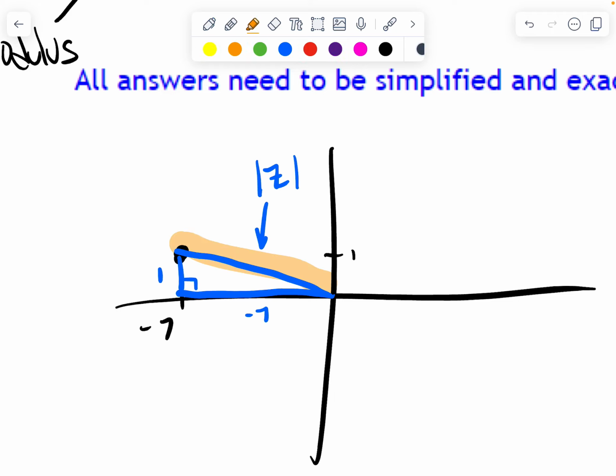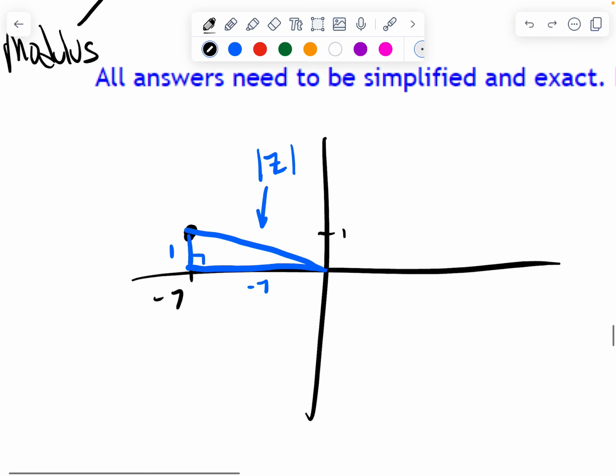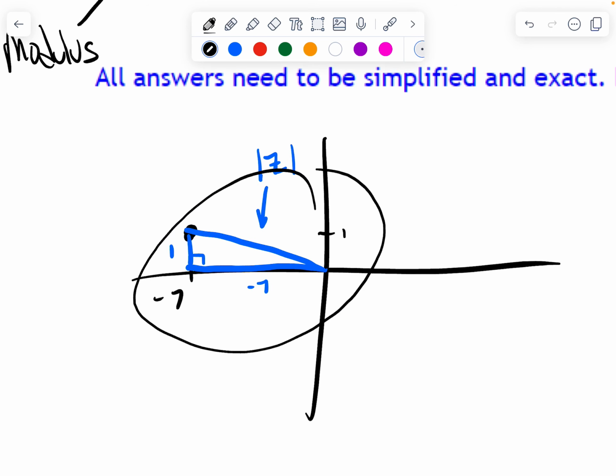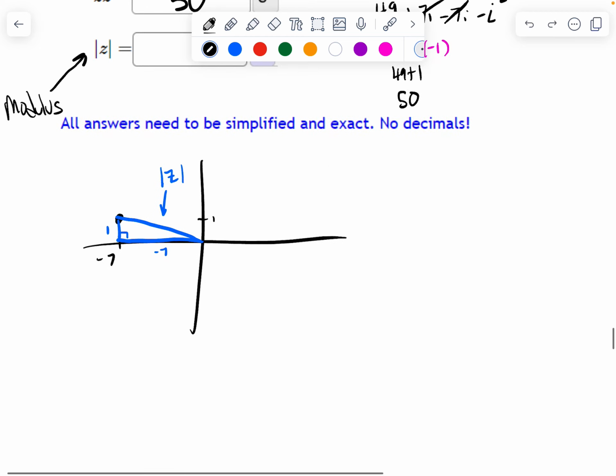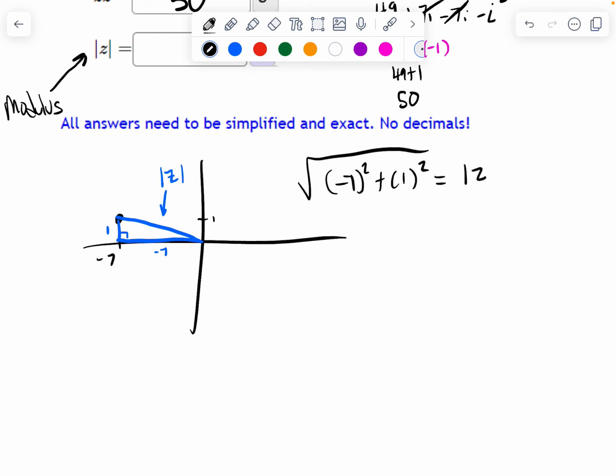This is the modulus that you're looking for, which means all we have to do is, that's a right triangle, you know 2 of the 3 sides. Pythagorean theorem. That's legitimately how you find the modulus: you take one leg squared plus the other leg squared equals your hypotenuse squared, and then you would square root it, and that will give you your modulus.